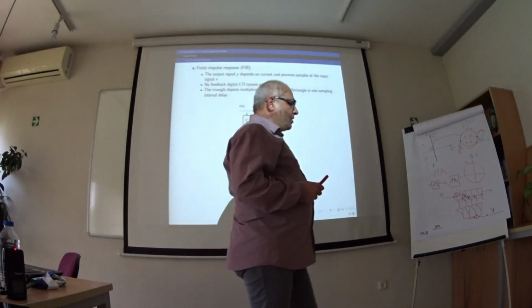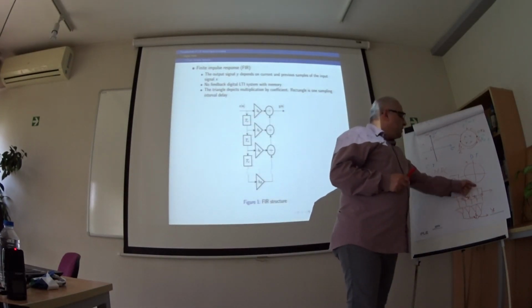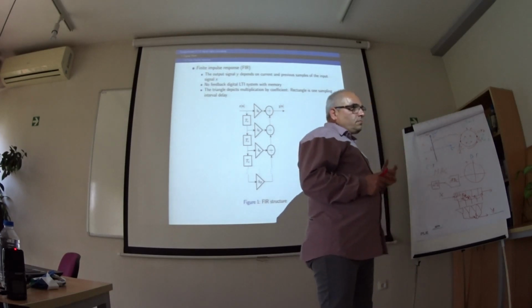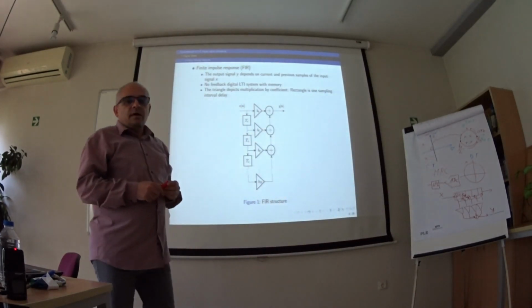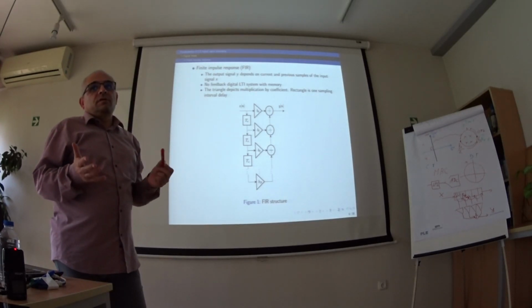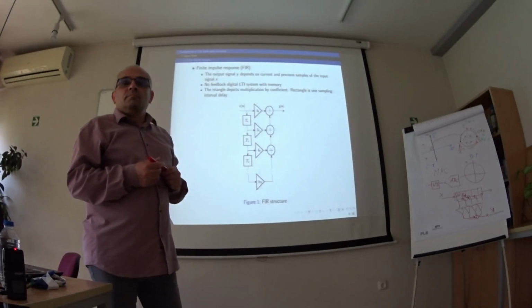It's not possible in analog domain. Because in digital domain, we actually don't have a delay, we have a register. And by shifting, we can make this delay. But in analog domain, how can we delay a signal? Making a longer propagation path.